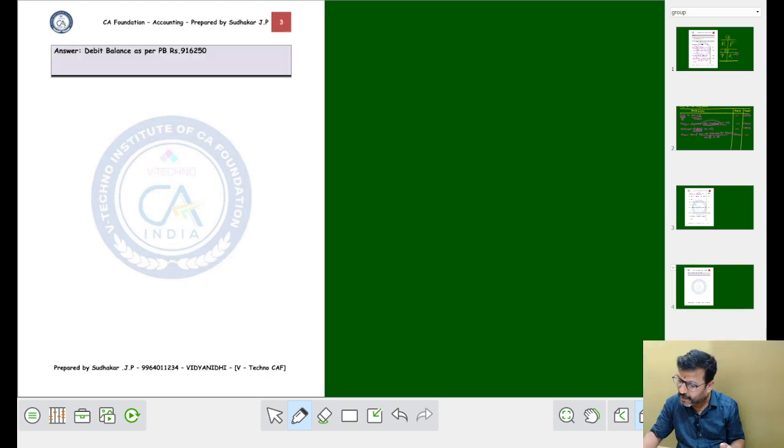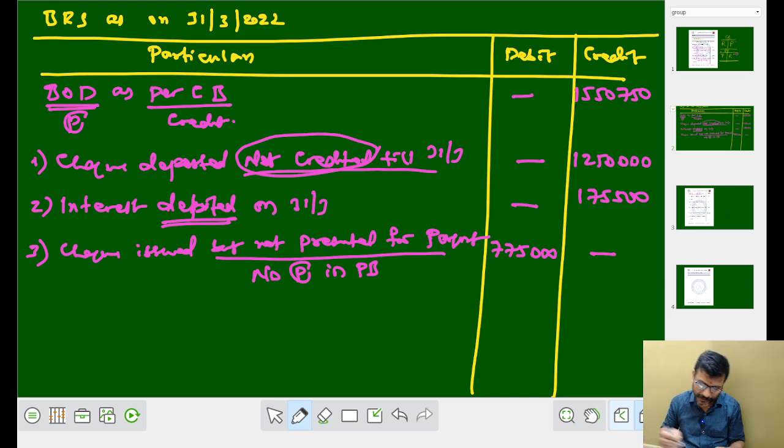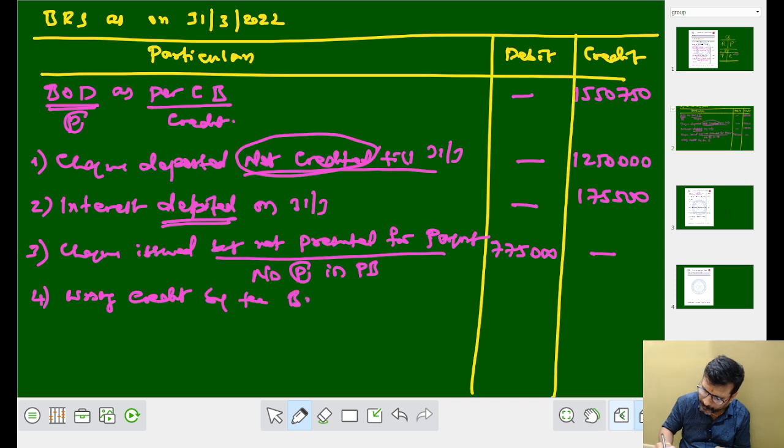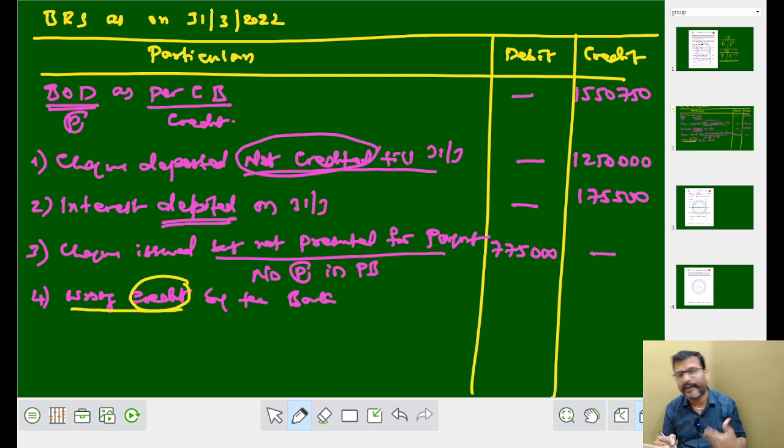So now what we have to write is point number 4, wrong credit by the bank. See, when it is wrongly credited, my dear kids, whether it is a correct credit or wrong credit, we have to take it on the opposite side, right? Anyhow it is being credited, so we have to take it in the debit side with an amount of rupees 1,50,000.